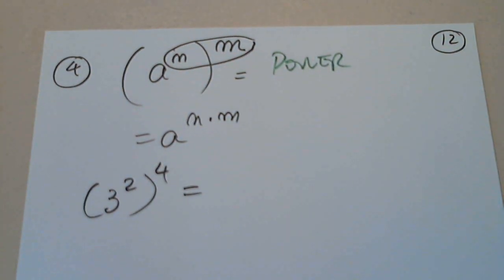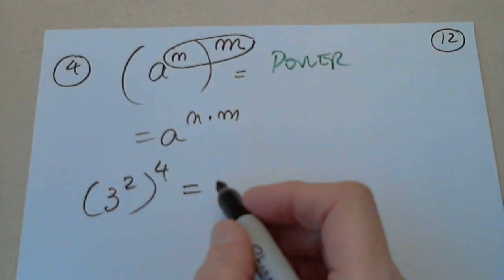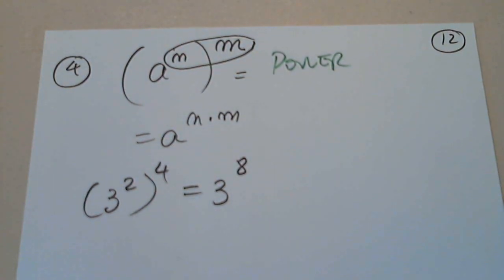Can anyone use the rule and tell us what it is? 3 to the 8th power. Copy the base, thank you very much, and multiply the exponents. Copy the base, multiply the exponents.